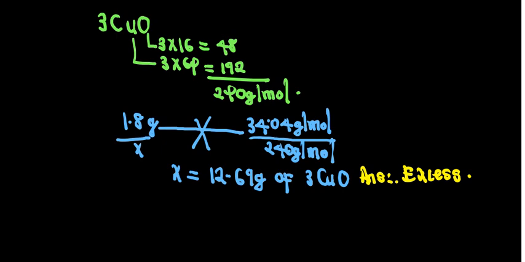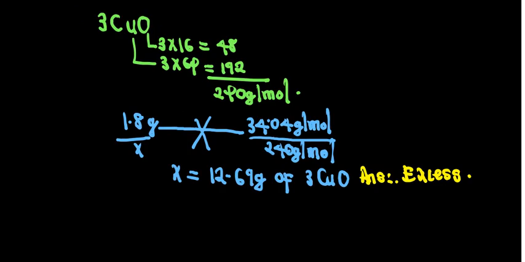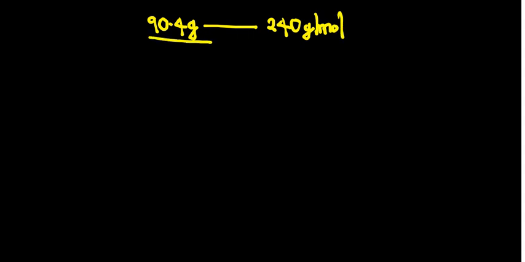1.8 grams of copper oxide being equal to what? We use this one here. 90.4 grams of the copper oxide being equal to its molar mass, 90.4 being equal to 240 grams per mole. So we want to find out the molar mass here, or the actual mass, sorry.